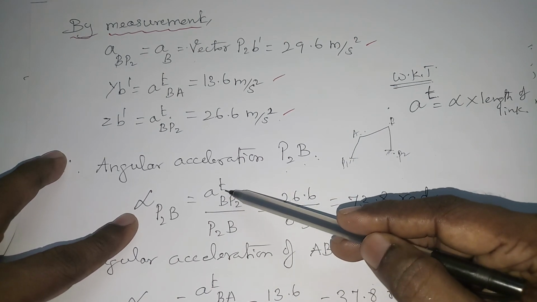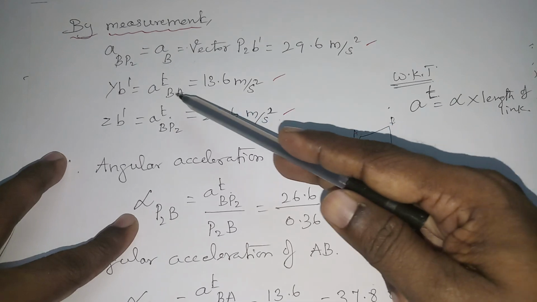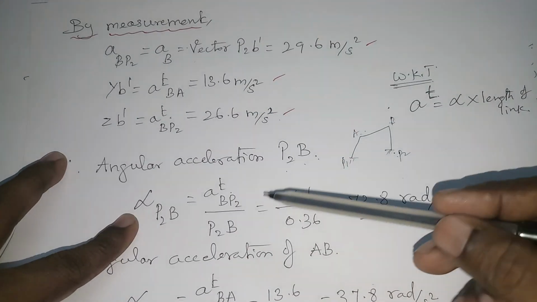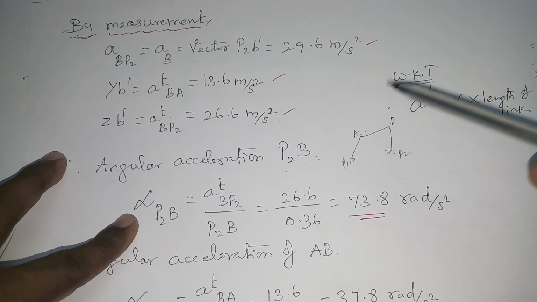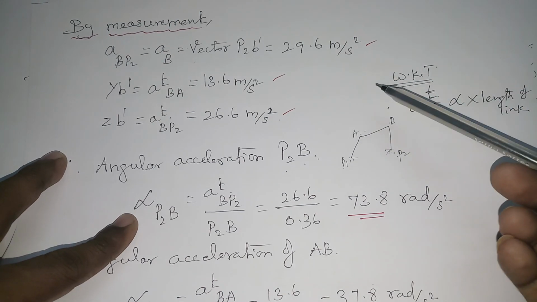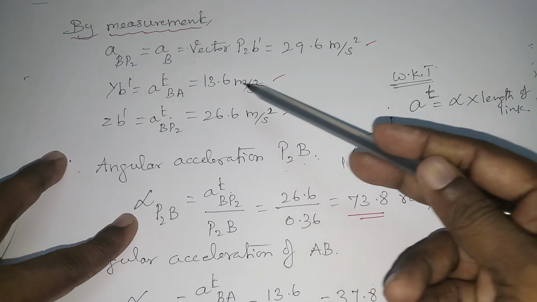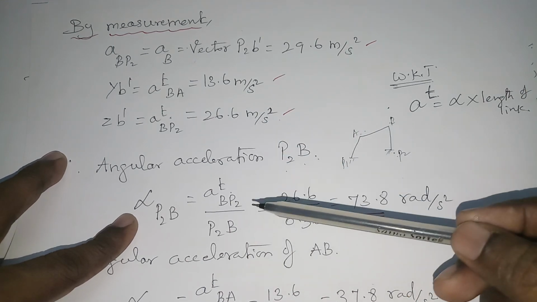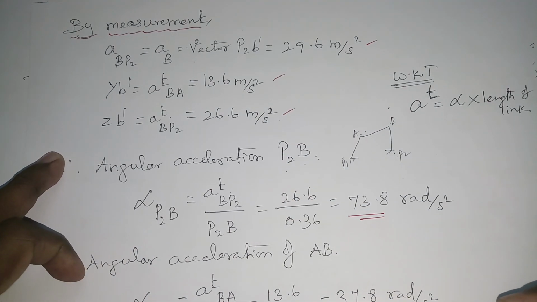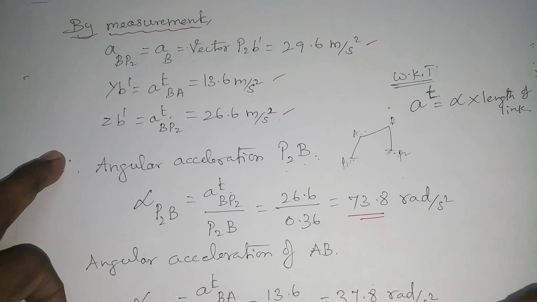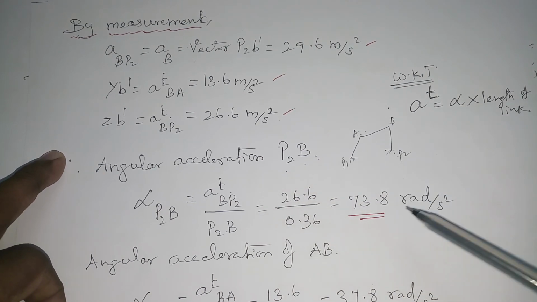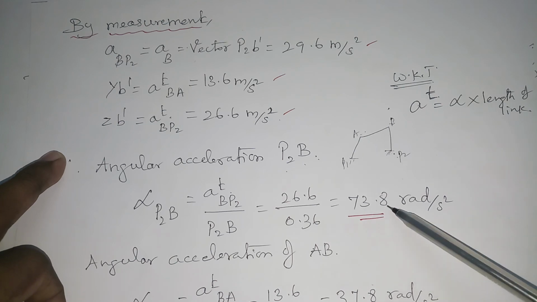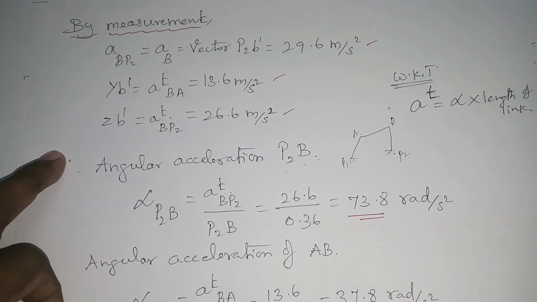AT is the tangential component, already calculated here, AT equals 13.6. So you measure in centimeters, and convert that into meter per second square. Then substitute here, 13.6 divided by the length of the link, this is for P2B. So you will get nearly 73.8 and 37.8.